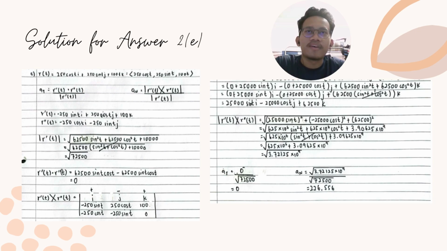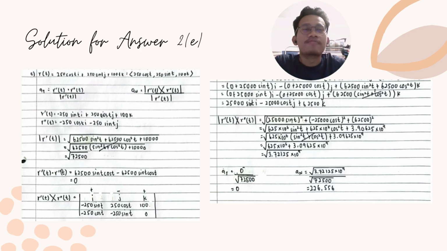So if I want to find i, I close the row and column, and we use the formula ad minus bc, and we will get 0, 250 cos t multiplied by 0, we get 0 plus 250 sin t times 100 for i.